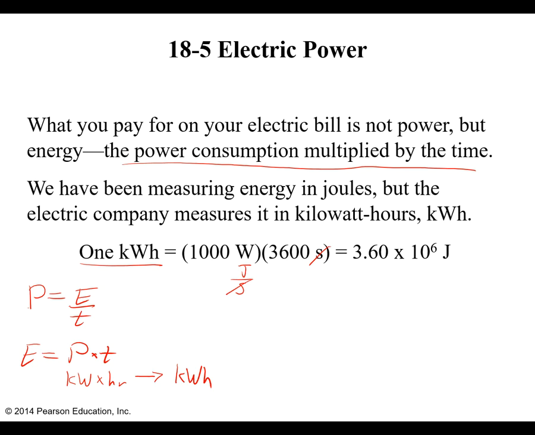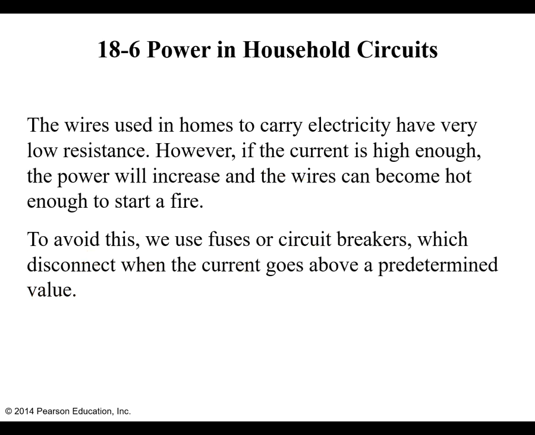Now, when you wire a home, obviously you're going to measure the energy used in kilowatt hours, which means you're going to pay the bill by how much energy you use, not the power consumption, by the energy. But also in a home, your circuits are built in a way that wires have low resistance.